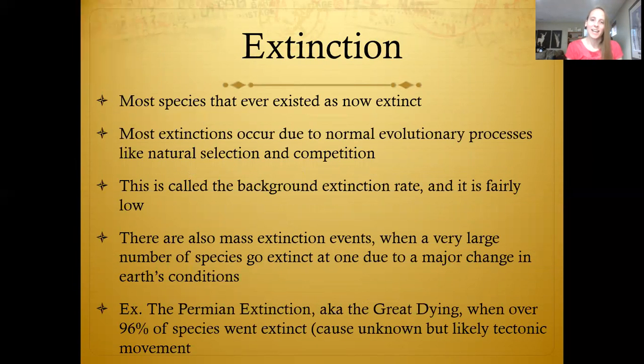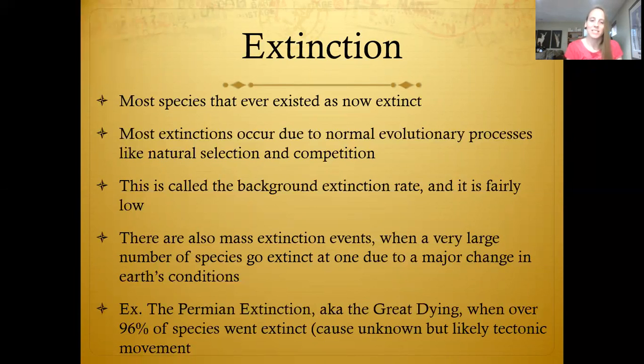Most species that have ever existed in Earth's past are now extinct. Most extinctions occur due to natural evolutionary processes, things like competition and natural selection. That's called the background extinction rate, and it is fairly low. Then there's also mass extinction events where a huge chunk of the species on Earth go extinct all at once because of some sort of major change in Earth's conditions.